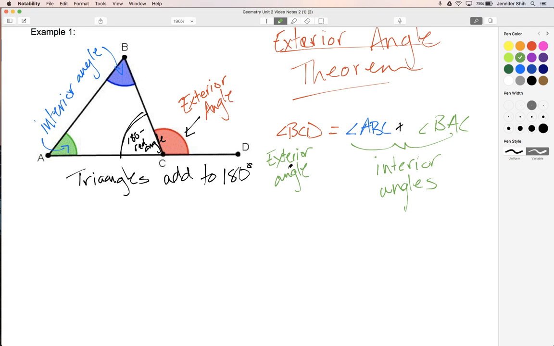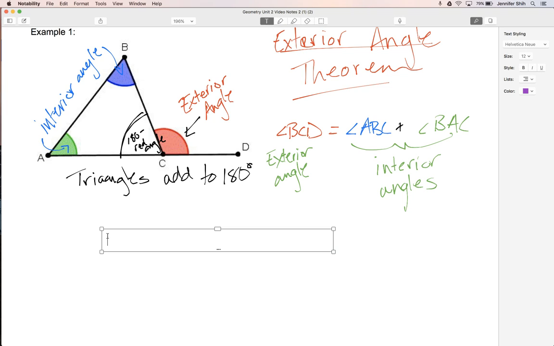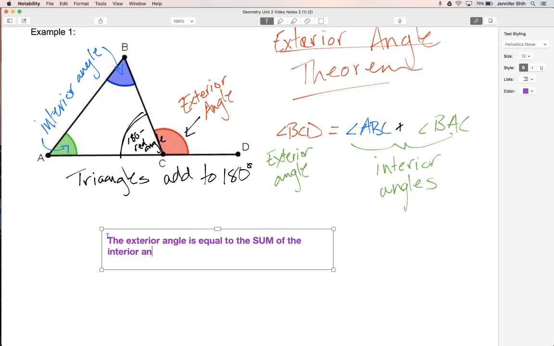I'll write that down. The exterior angle is equal to the sum, which means adding, of the two interior angles.